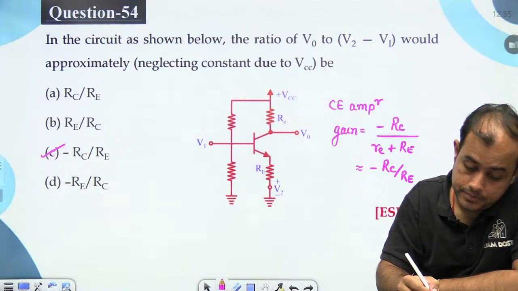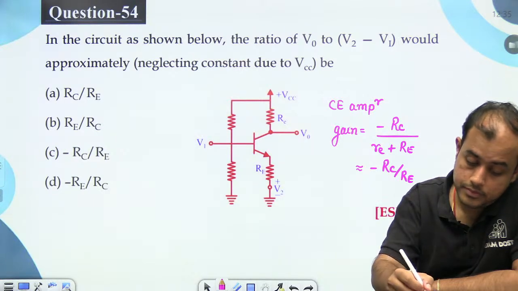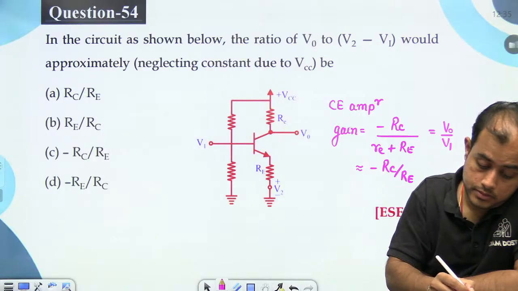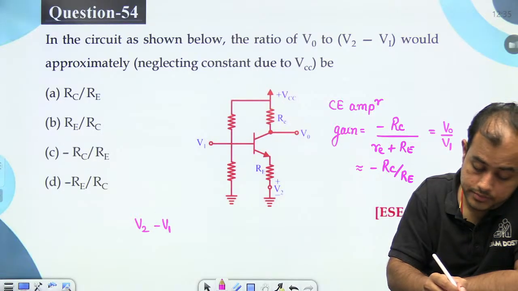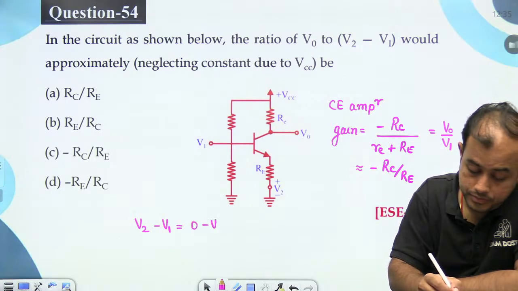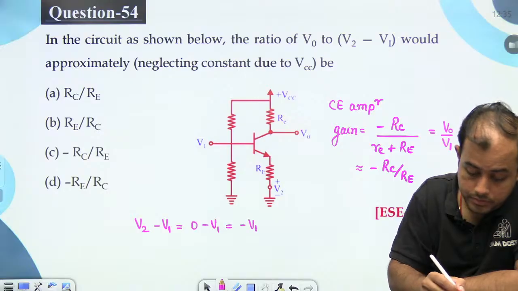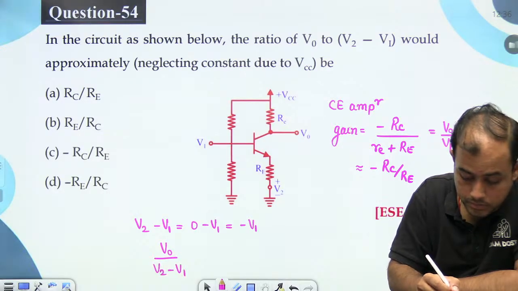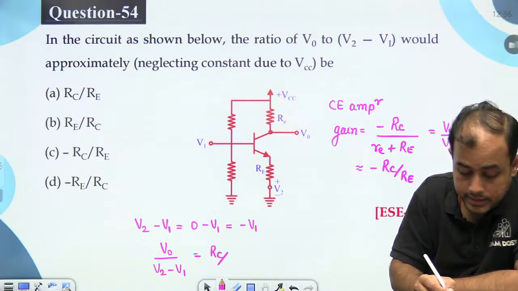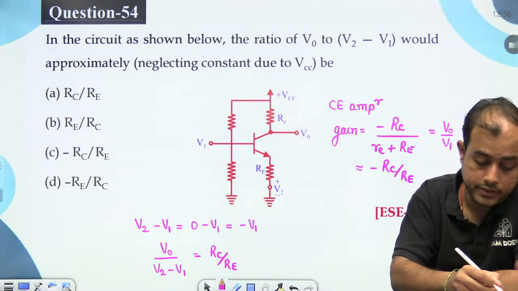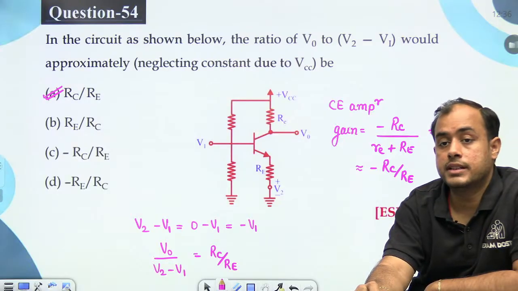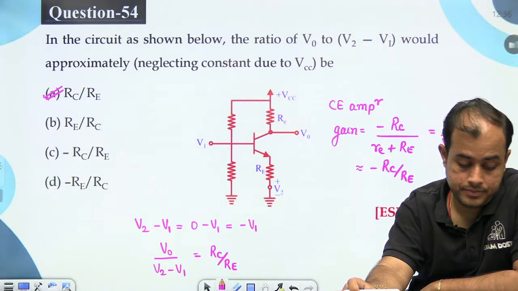But यहाँ पे V0 by V1 है. V2 minus V1. So this will be RC by RE. Gain ये पॉजिटिव आ जाएगा. ठीक है. Gain will be positive RC by RE.